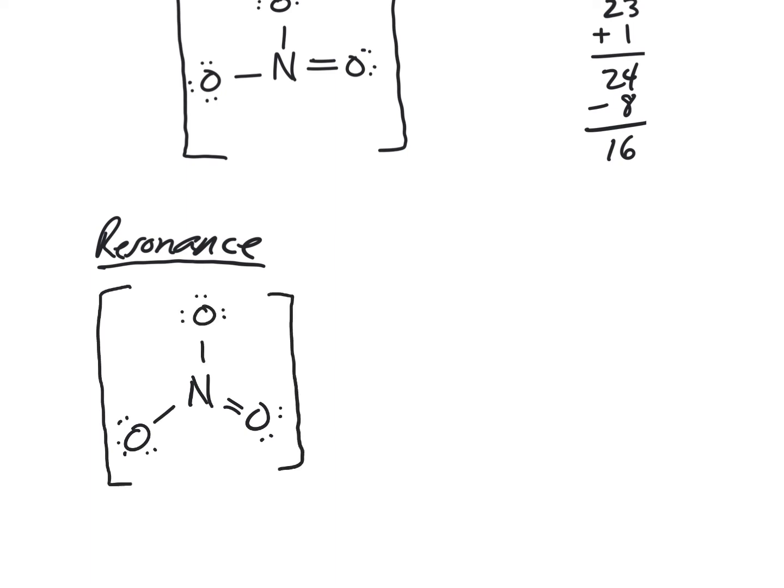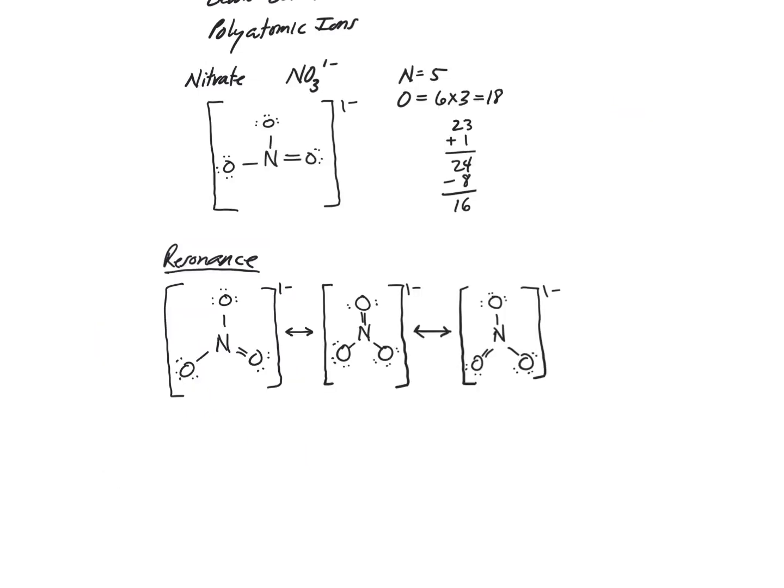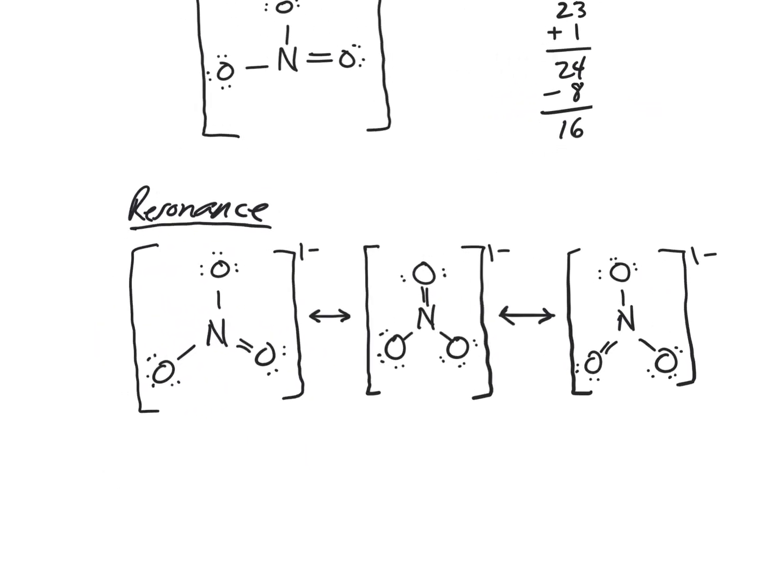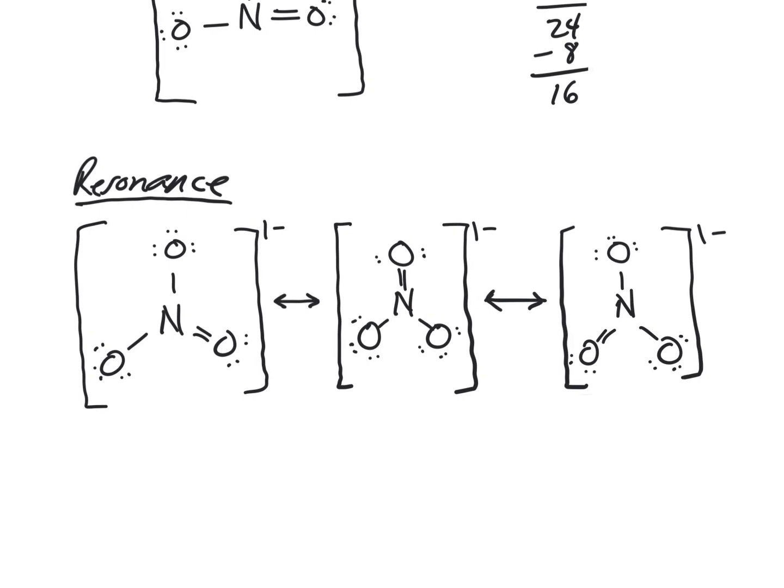Okay, so I just drew this structure, and now I want to show you structures showing the double bond in different places on the molecule. All right, so there it is. I drew the resonance within this polyatomic ion nitrate.